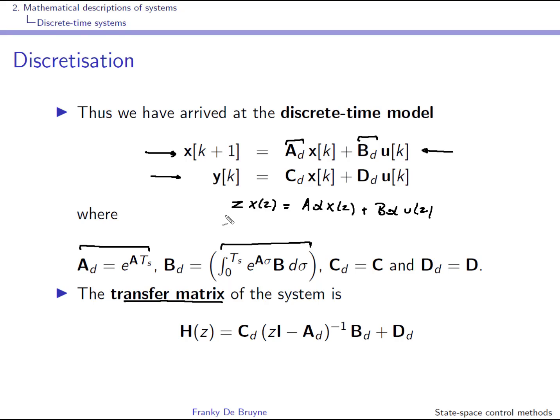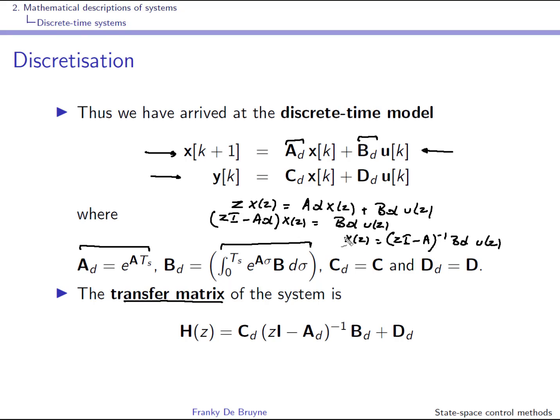So this we can rewrite as (zI minus A_D) times X(z) is equal to B_D U(z). So X(z) is (zI minus A_D) inverse times B_D U(z), right?